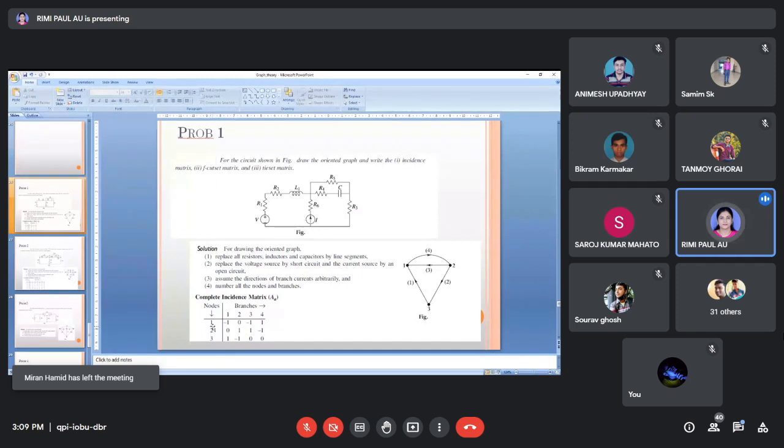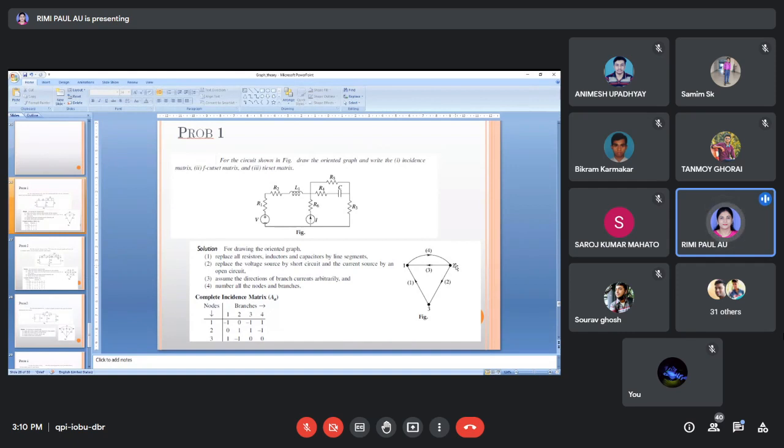Similarly, if I'll take this node 2, then we can see that branch 3, 4, and 2 are connected. So branch 3, 4, and 2, first you will write 1, and with this node, branch 1 is not connected, so this is 0. Now check which direction current is going.